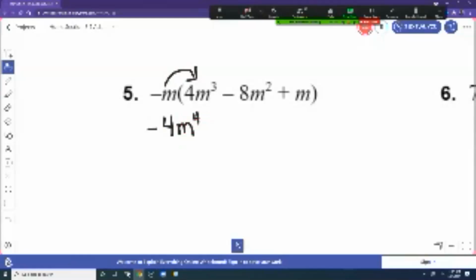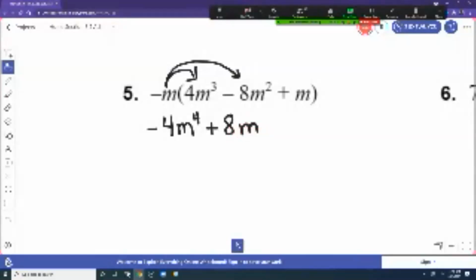Are we done? Are we finished? No. We have negative m times negative 8m squared. What's a negative times a negative? Positive. And what do we have? 8m times m times m.